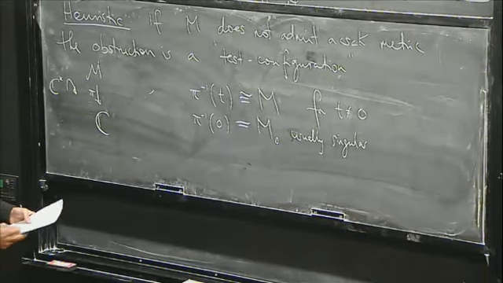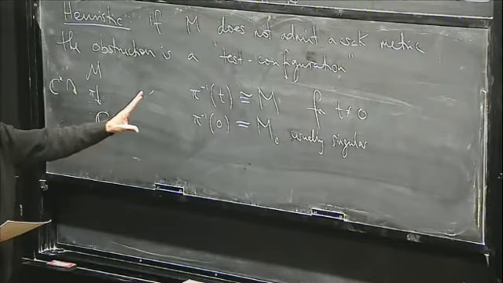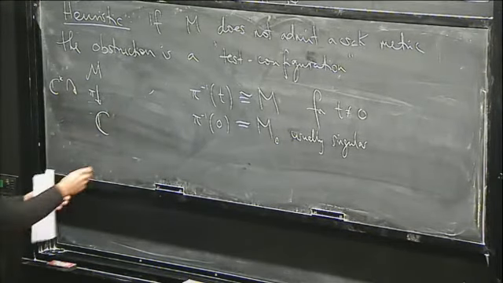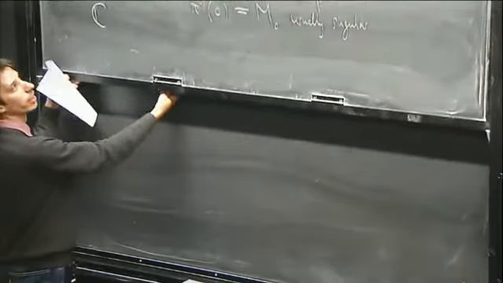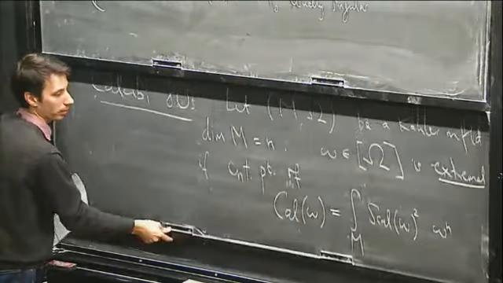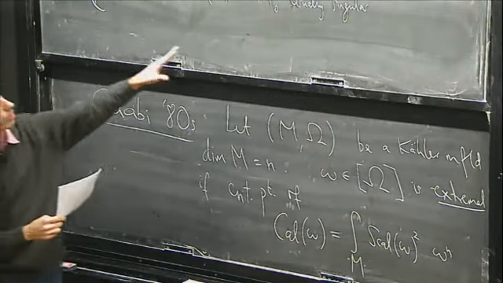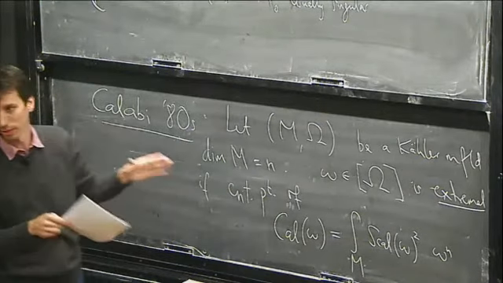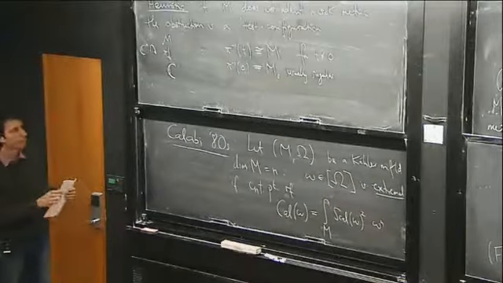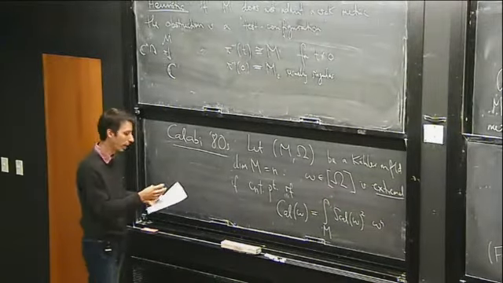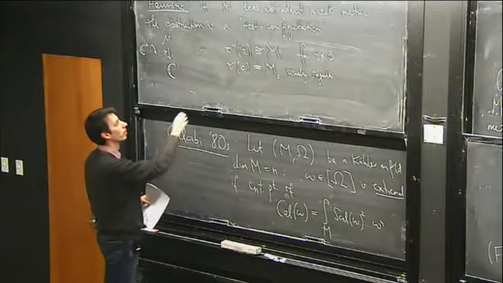The key thing is that this test configuration has the extra property that from this C-star action, you get an induced action on M0, and this needs to have a certain numerical property: the so-called Futaki invariant will be negative.